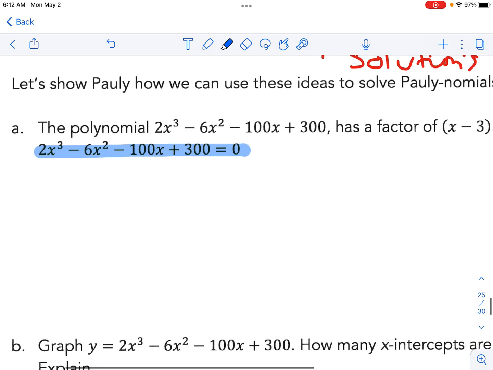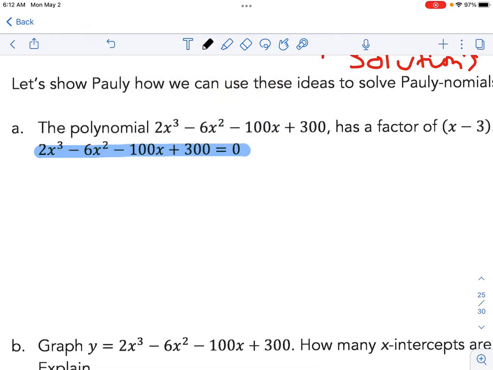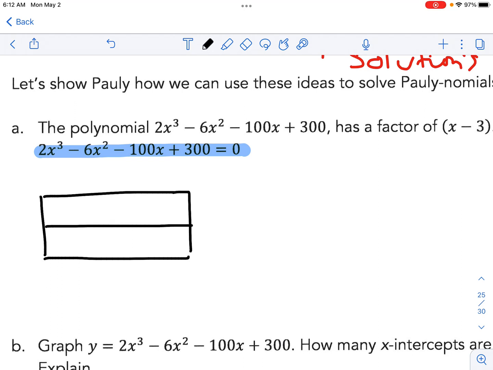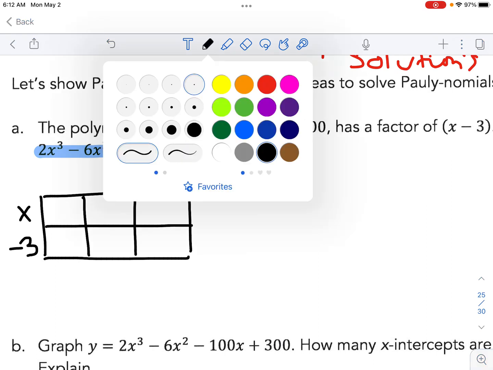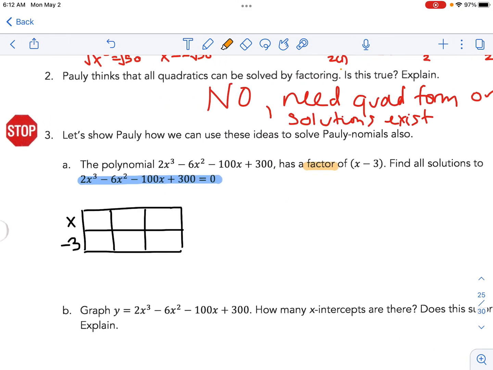And so the first thing we need to do, because this degree is higher than 2, right? It's a higher order polynomial. It's not a quadratic. The first thing we need to do is take that known factor of x minus 3 and divide it out of the existing polynomial.